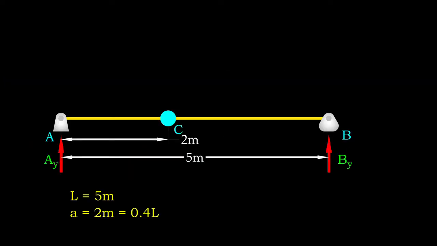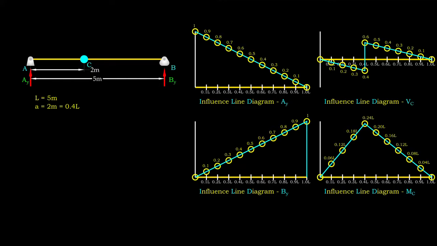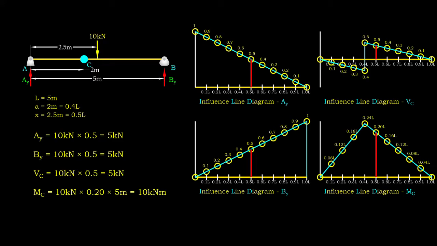For instance, we are interested in the internal force acting at point C that is located at 2 meters from support A. The length of the beam is 5 meters, and therefore we should implement the influence line diagram for the case where a equals 0.4 L. When we have a concentrated load of 10 kN acting at the midspan, the shear force and bending moment at point C can be determined by multiplying the load value with the value obtained from the respective influence line diagrams.